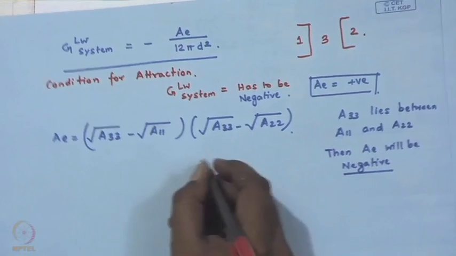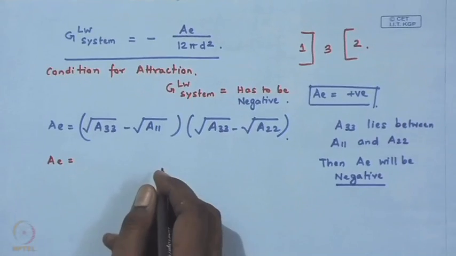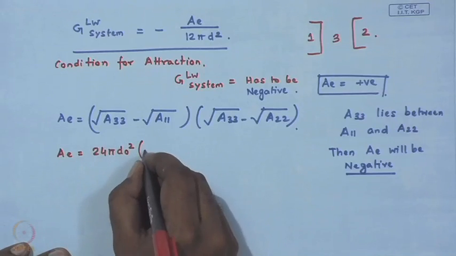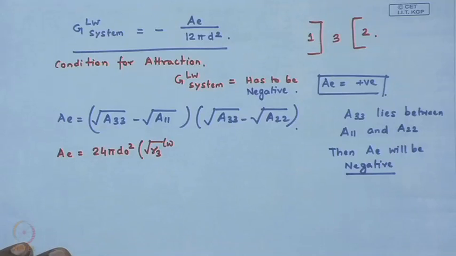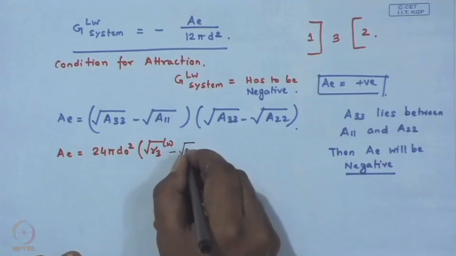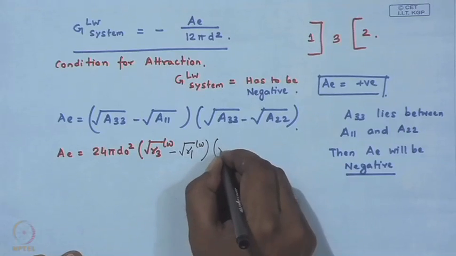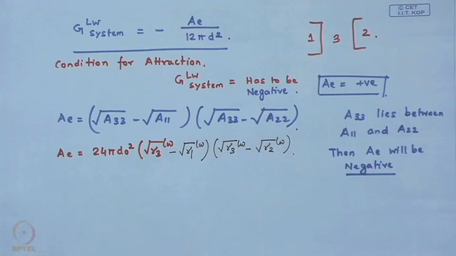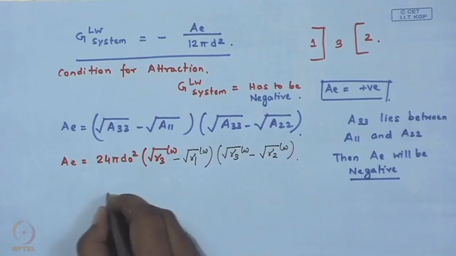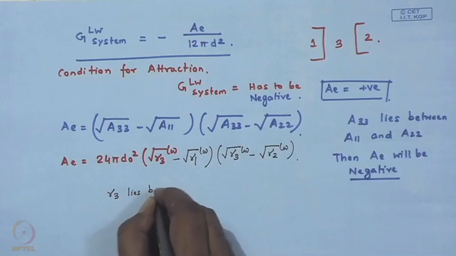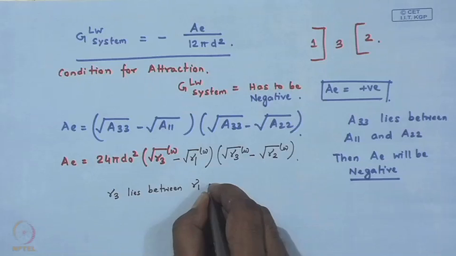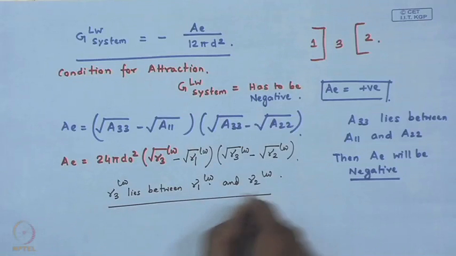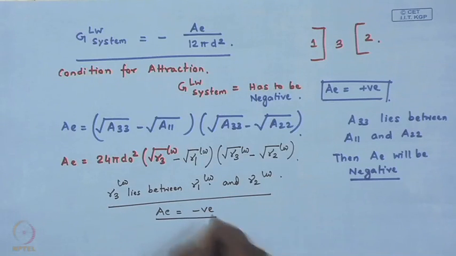This can also be written in terms of the surface tensions as AE is equal to 24 pi d0 square into under root of gamma 3 LW minus under root of gamma 1 LW into gamma 2 LW, and the issue would be if gamma 3 LW lies between gamma 1 LW and gamma 2 LW, then you will have AE to be negative.